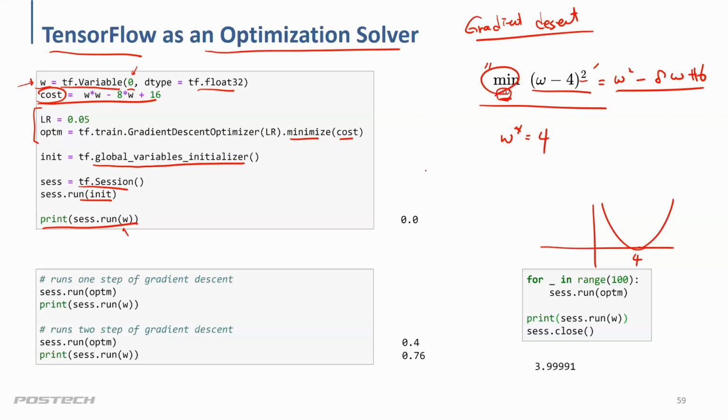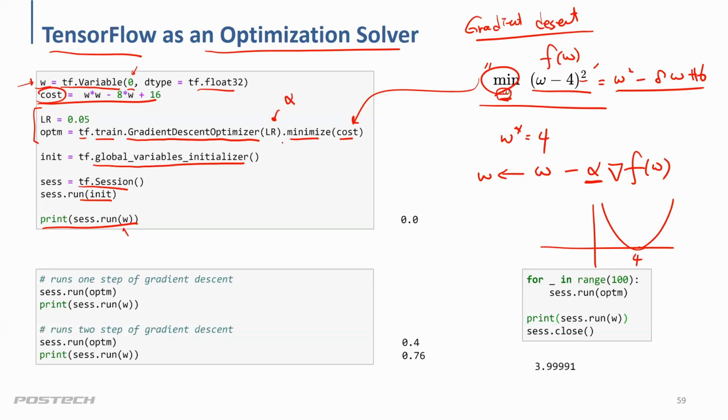Remember for the gradient descent, say this is the objective function, and alpha is the step size. This means tf.train has a function, the gradient descent optimizer. This one is the same as alpha; I'm using LR, which stands for learning rate.